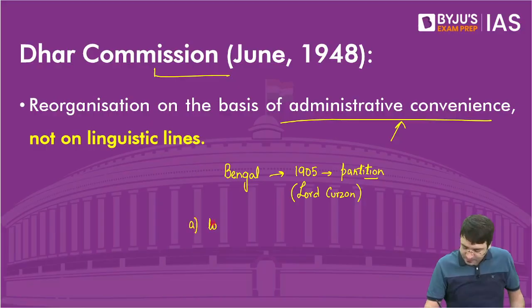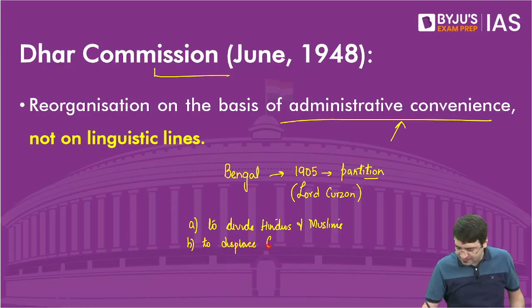A. To divide Hindus and Muslims. B. To displace Calcutta as the center of India.